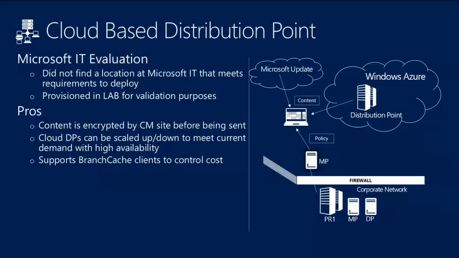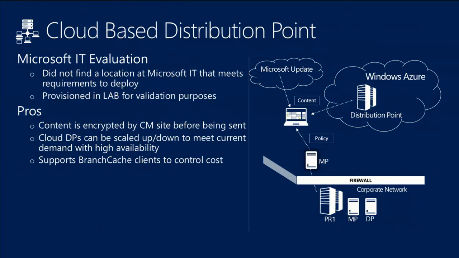One caveat folks need to be aware of: Cloud DP is only for software distribution content. It's not for patches, because for patches we already have Microsoft Update, and there is a feature where you can fail over to Microsoft Update. So it would be redundant to have that content republished into Windows Azure.